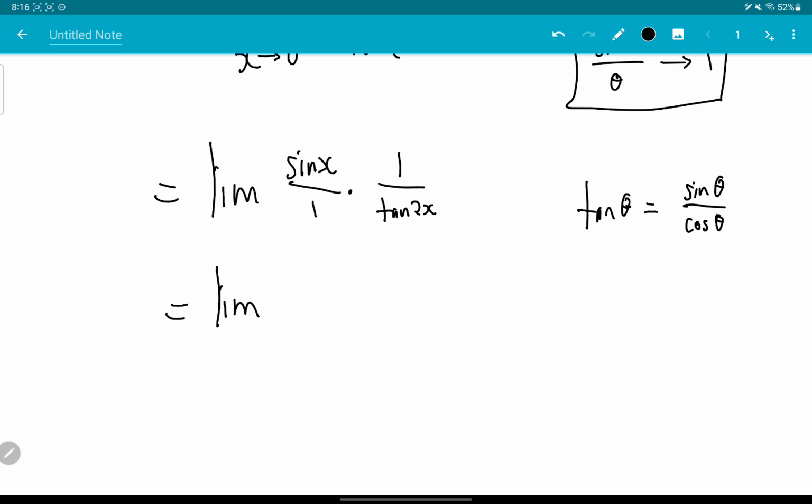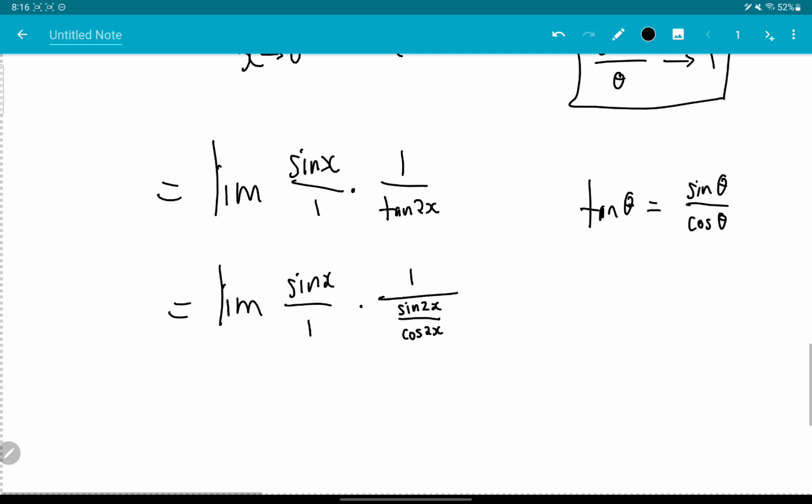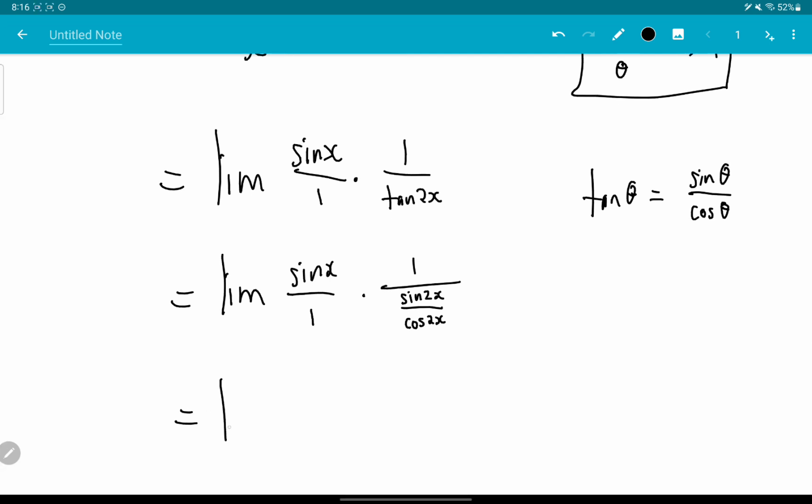So I get sine x over 1 times 1 over sine 2x over cos 2x. Okay, getting a little hairy here, but I promise this is going somewhere. Let's keep rolling.